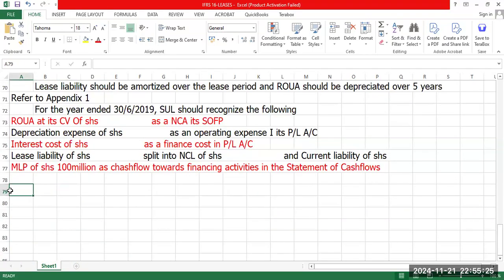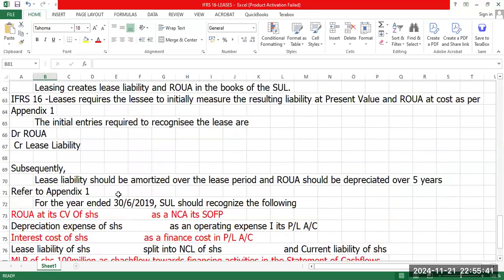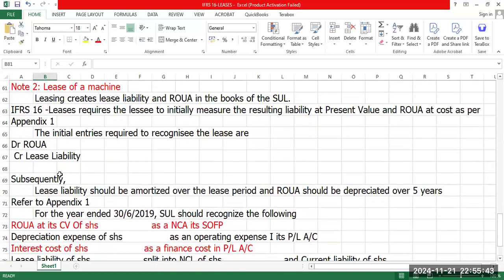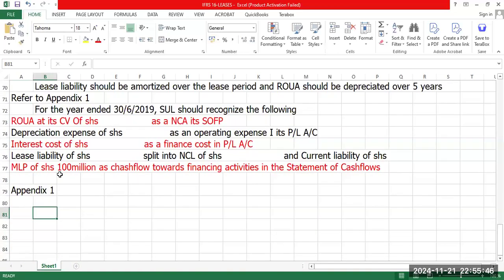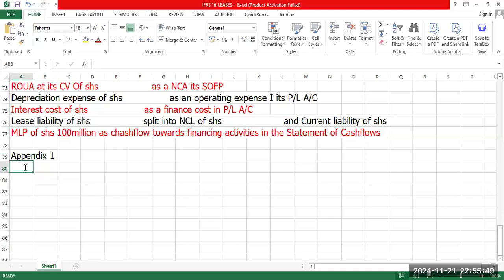So Appendix 1. We need to start with initially. Initially, how do we get this liability? You have the formula now.